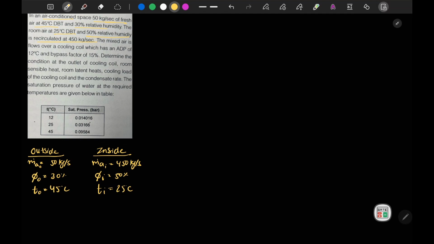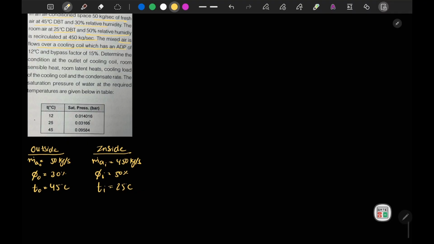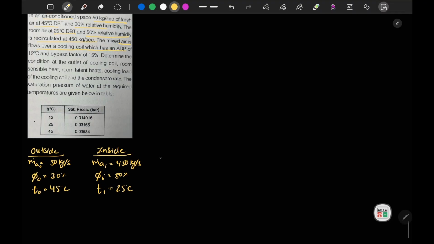Now the mixed air is flowing over a cooling coil which has an ADP of 12 degrees Celsius. So the air is mixed, and here I will write about our mixed state.